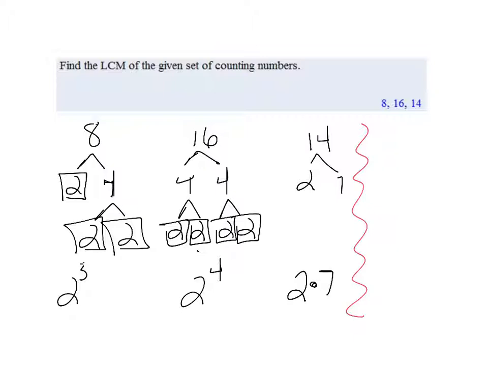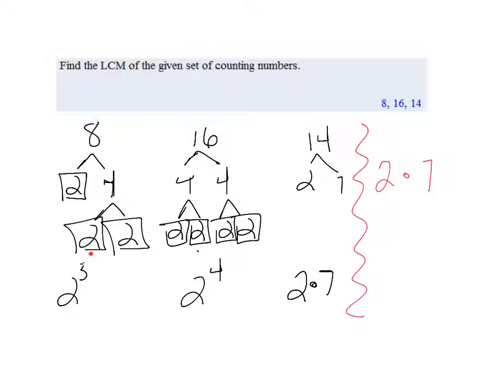Those are the two that I have. So I know I'm going to be taking 2 times 7. But I want to be sure that I use as many 2s as I need, and as many 7s as I need, that would fulfill any of these individual prime factorizations.